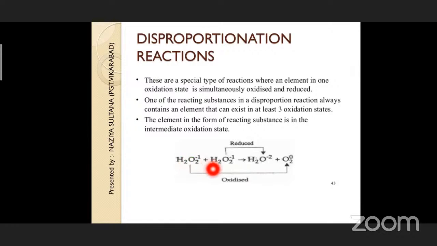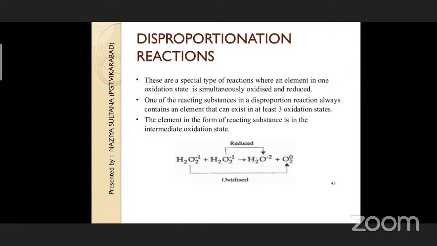Okay, so here one kind of oxidation number is becoming two different kinds of oxidation numbers. This would be better. What is the one kind over here? -1. -1 is becoming -2 as well as 0. Okay, so that is called a disproportionation reaction.